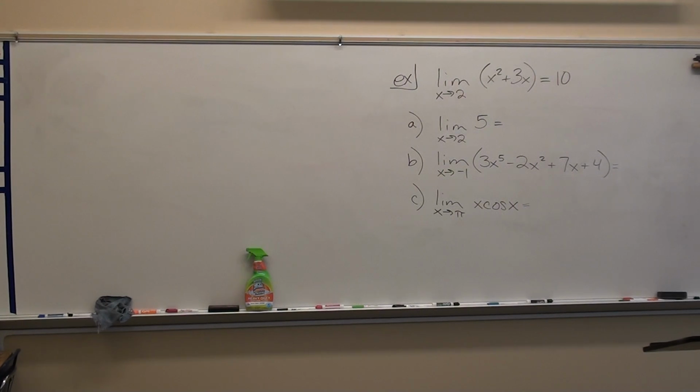Wait, I got a negative 9. Multiplying cosine pi, cosine pi minus x. A is 5, it's a constant. For C, I got negative 5. And for B, what's 3?